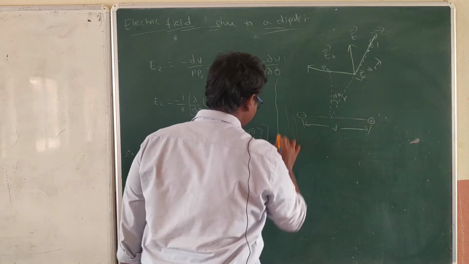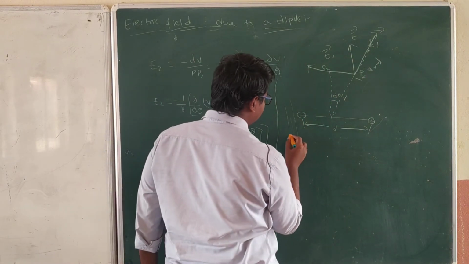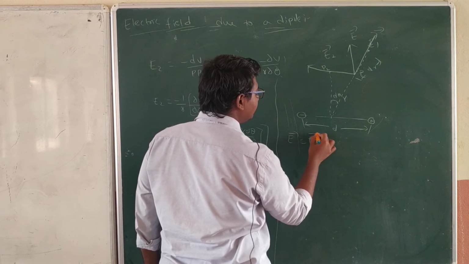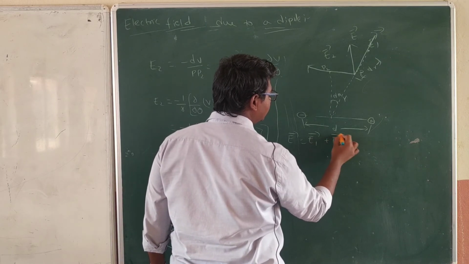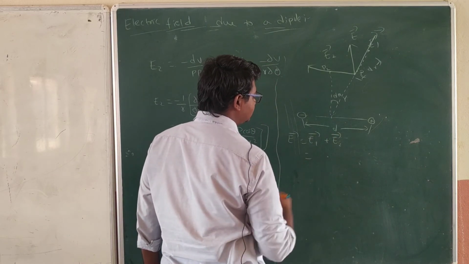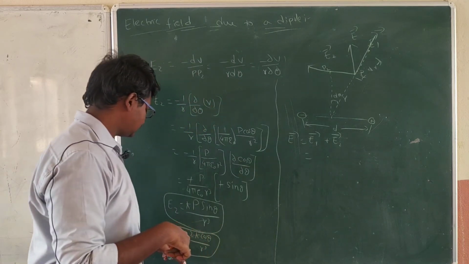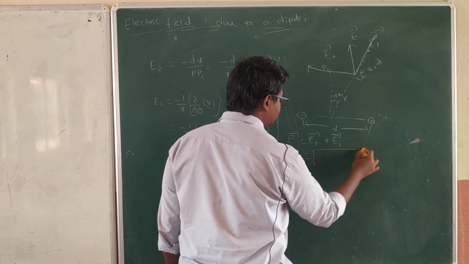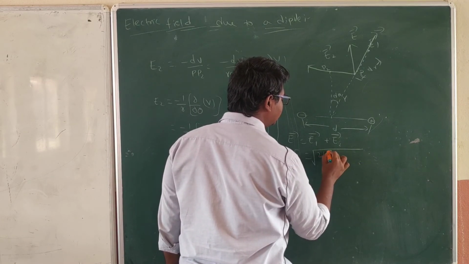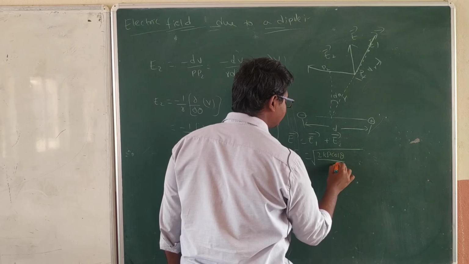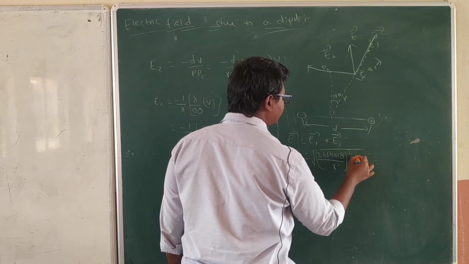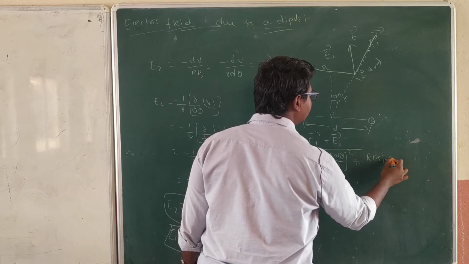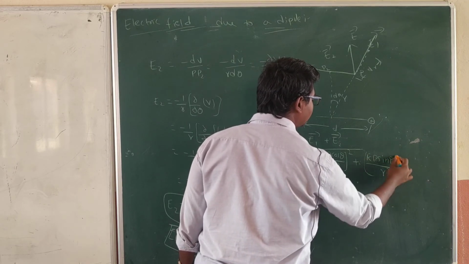Now if you do vectorial addition, E bar is equal to E1 bar plus E2 bar. Just substituting the values, that is equal to the square root of 2 Kp cos theta by r cube whole square plus Kp sin theta by r cube whole square.